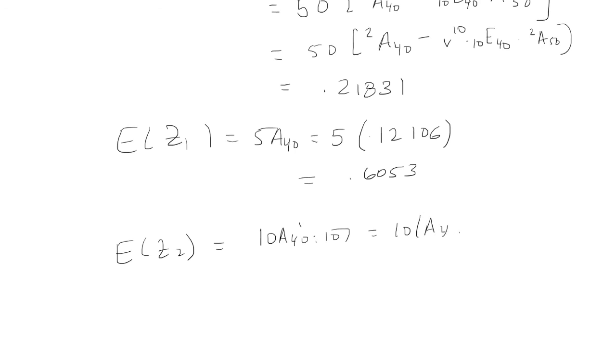So we can represent this as a endowment subtracted by a pure endowment. So for these, we have all the information from the standard ultimate life table. So we copy these down, and we get that it's 0.0574.